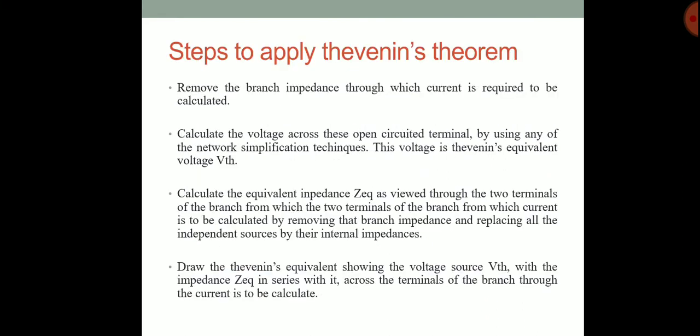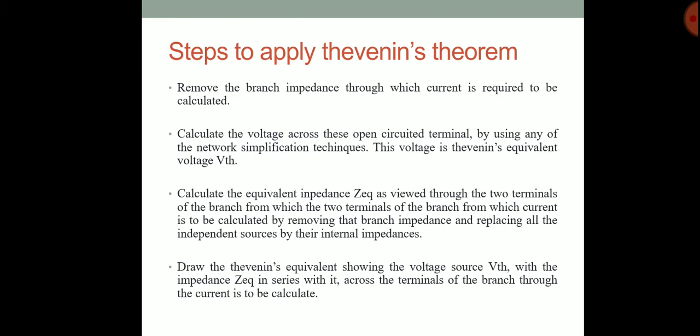Now, the steps to apply the Thevenin theorem. Step 1. Remove the branch impedance through which the current is required to be calculated. Step number 2. Calculate the voltage across these open circuited terminals by using any of the network simplification techniques.